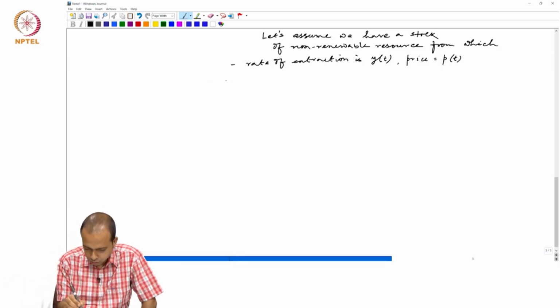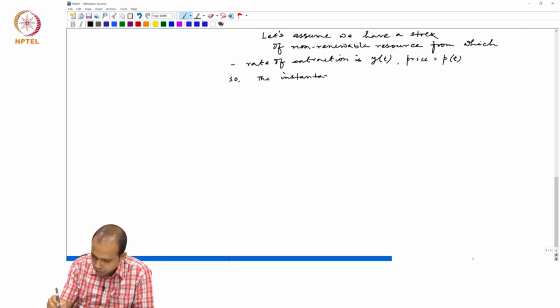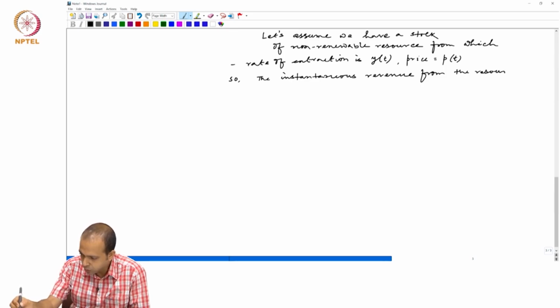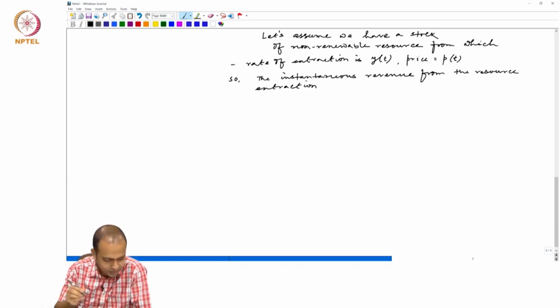So, this implies the instantaneous revenue from the resource extraction is equal to PT into YT, very simple.